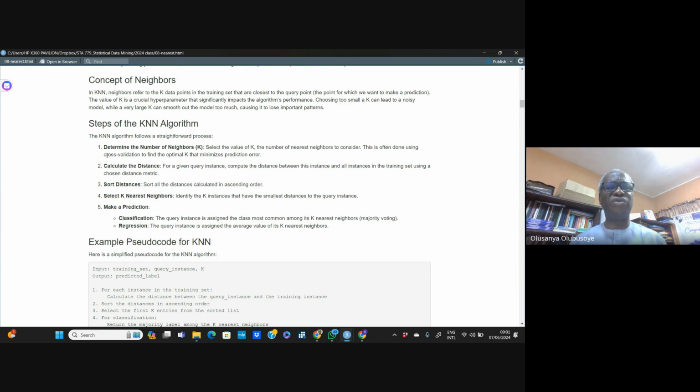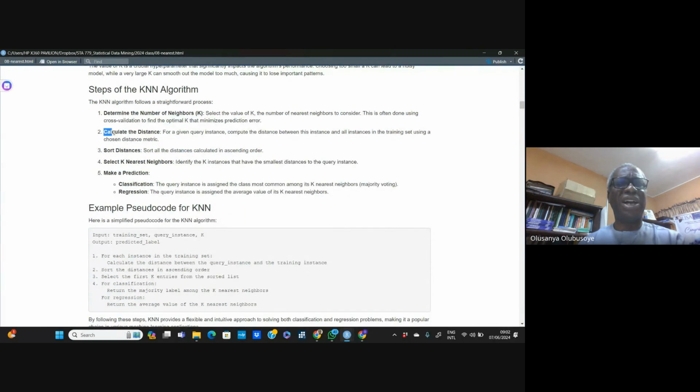You have to do that to get the optimal, to avoid the problem of overfitting or underfitting. You need to use the cross-validation approach to determine the optimal K.